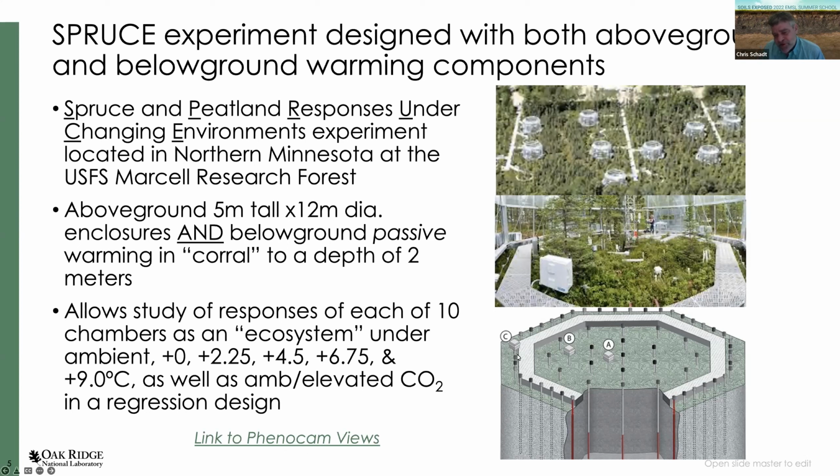Heating is accomplished below ground through resistance heaters penetrating 3 meters deep into the peat from the peat surface. Outside of the treatment area, we heat all the way from the surface to 3 meters in depth.